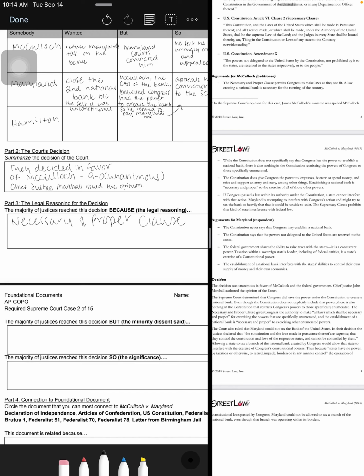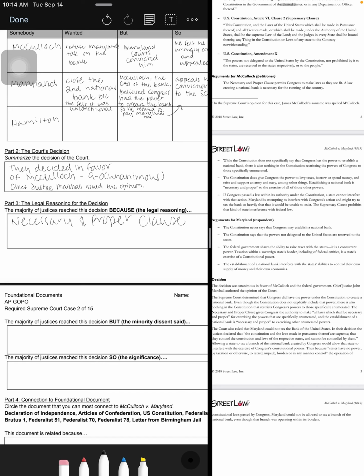Let's see, what else? It says the Constitution does not specifically say that Congress has the power to establish a national bank, but there's also nothing restricting the powers of Congress. I'm going with legal reasoning here, so I'm looking for specific clauses of the Constitution.